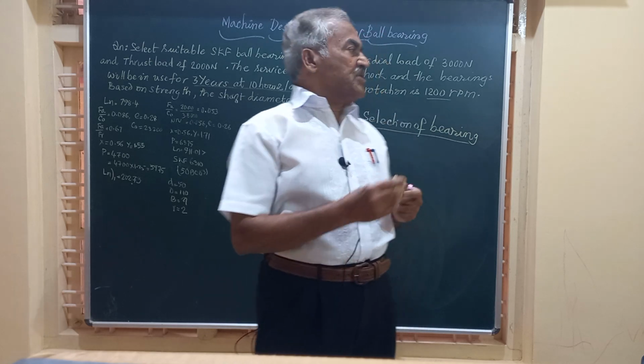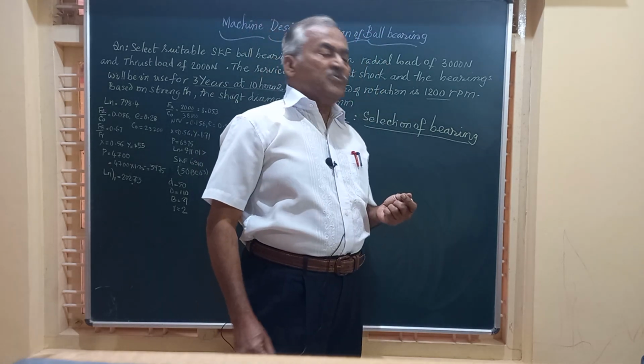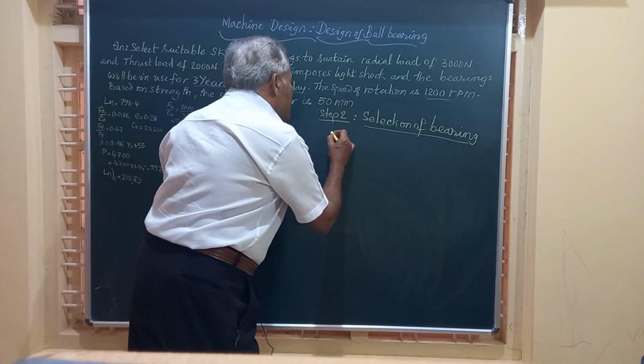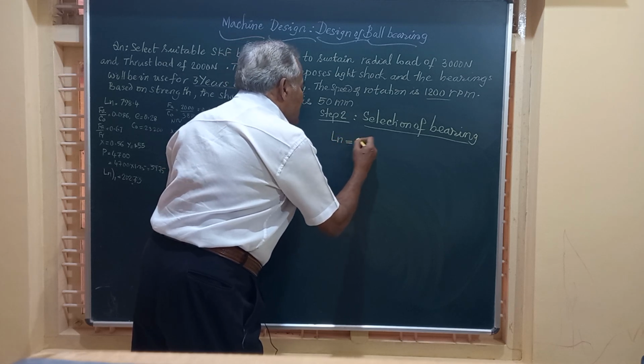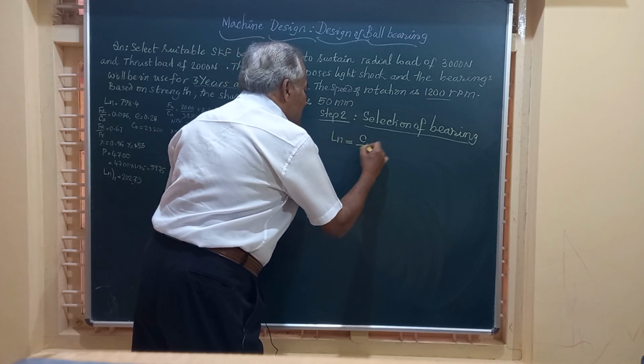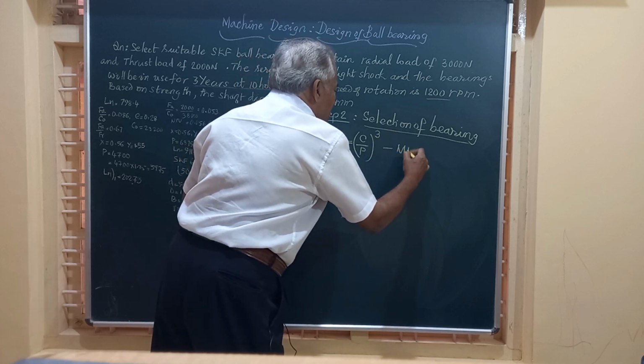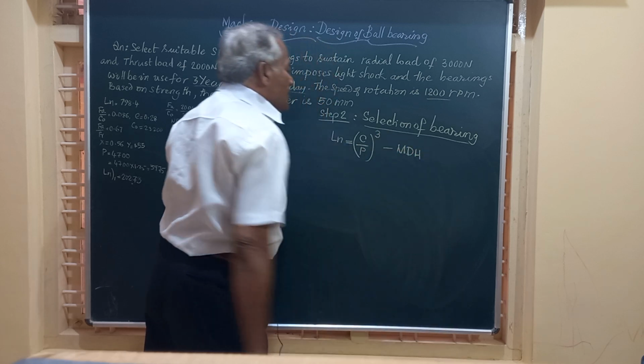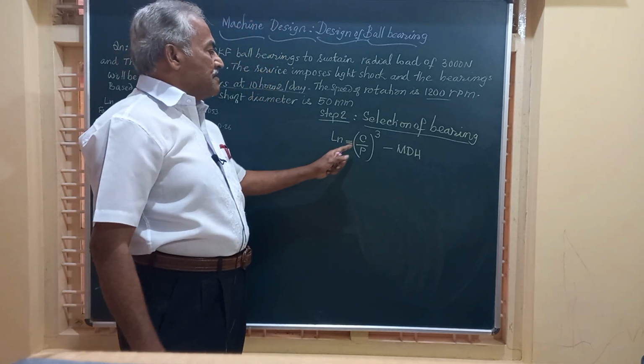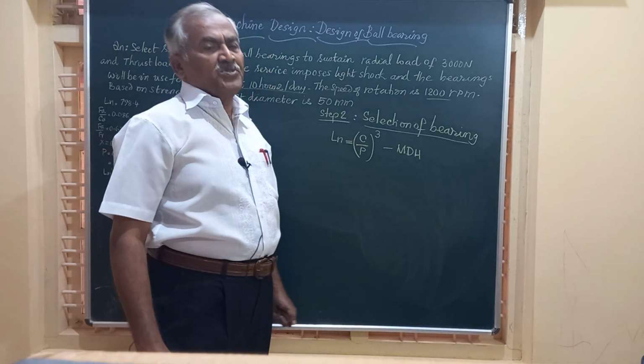So friends, what do we do in this? We have an equation which gives the life of the bearing as Ln is equal to (C by P) to the power of 3. This is available in the machine design handbook. The life of the bearing is (C by P) to the power of 3.